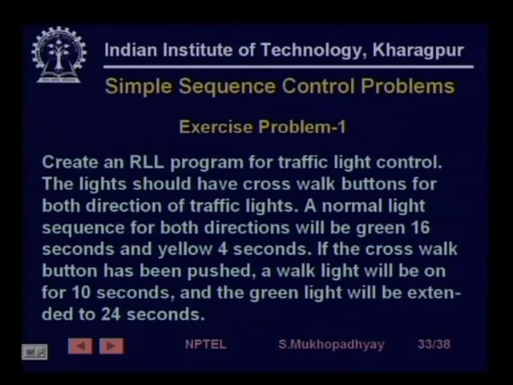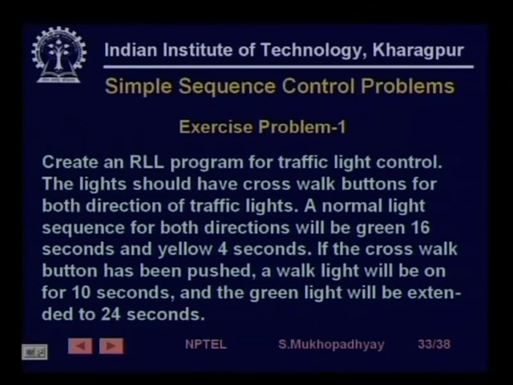The lights should have crosswalk buttons for both directions of traffic lights. A normal light sequence for both directions will be green 16 seconds and yellow 4 seconds.